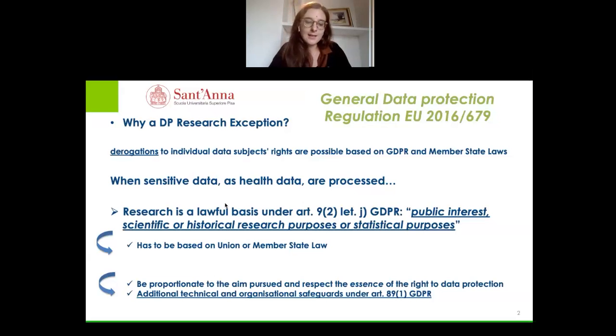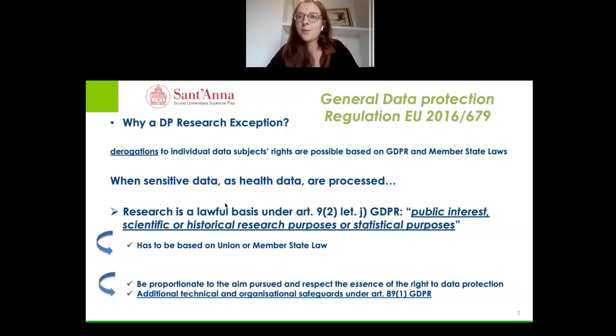So the first thing that a researcher has to do is actually to verify whether the ongoing processing activity finds a legal basis, can be included in the notion of research as laid down by Union or Member State law. Usually these definitions are quite broad, so usually the answer to the question whether the processing activities could fall under research processing activity is affirmative. But the data controller has to do, under the considered provision, a further step.